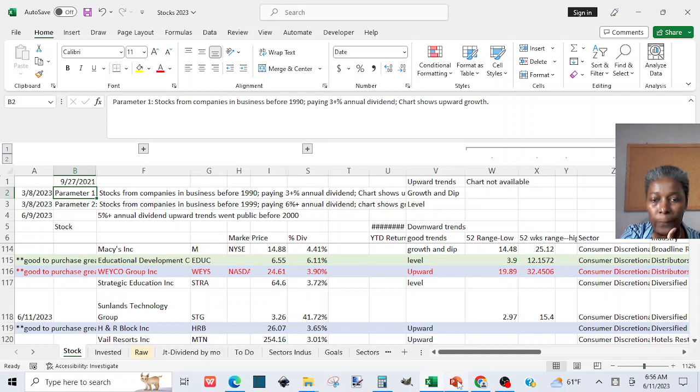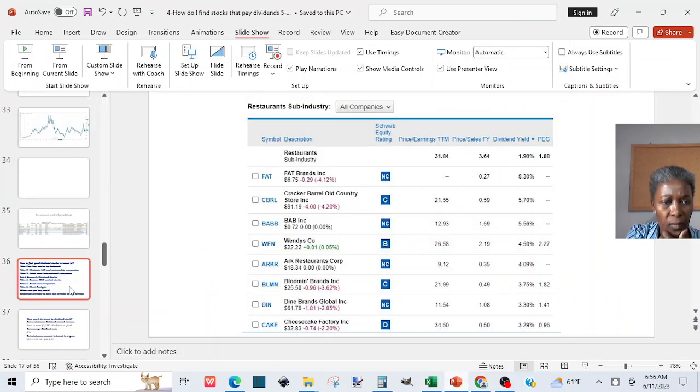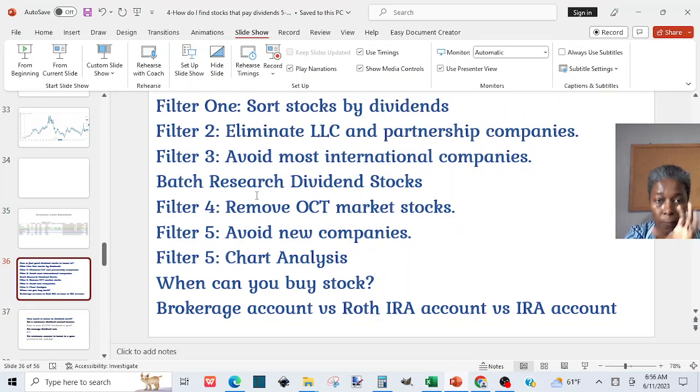So let's go to the list of criteria that we are sifting or screening those stocks with. So we saw company stocks by dividend. We did that. We eliminate LLC and partners companies.